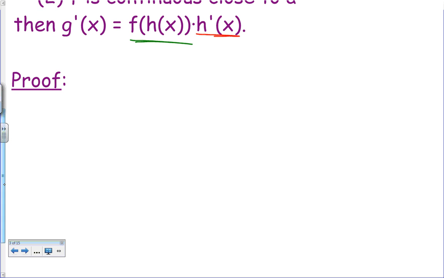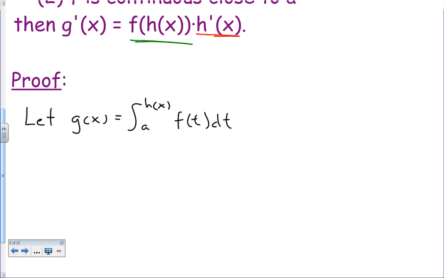So let's start out by doing this. Let g of x be what the theorem says it's equal to: g of x is equal to the definite integral from a to h of x of f of t dt.